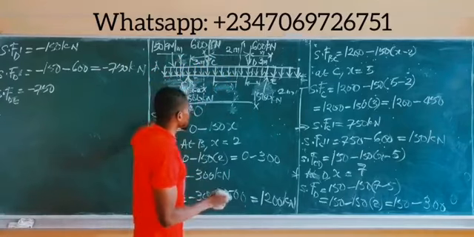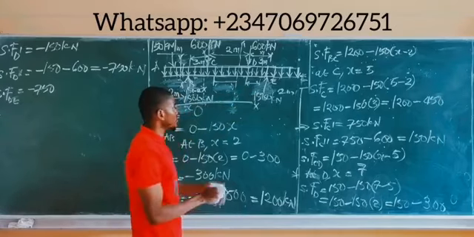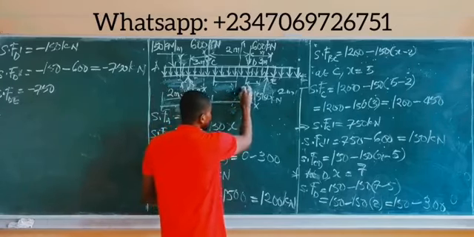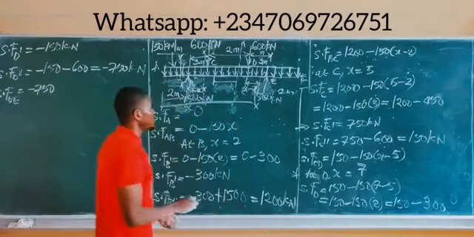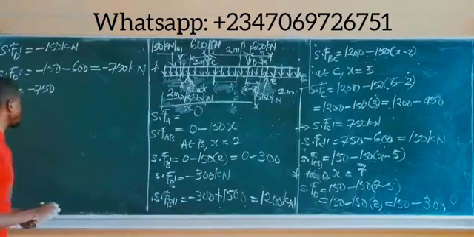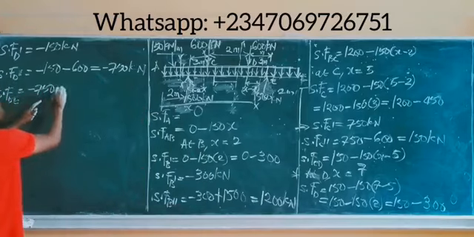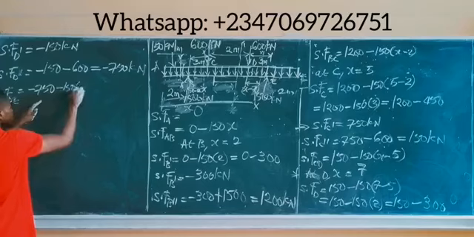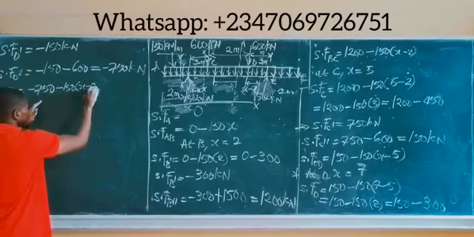So it means move 7 from x. That gives you the length of the UDL from point D to the point of section. So that length is simply x minus 7. Therefore, shear force at D is equal to minus 750 minus 150 into, to convert the UDL to a point load, multiply by the length, which is x minus 7.